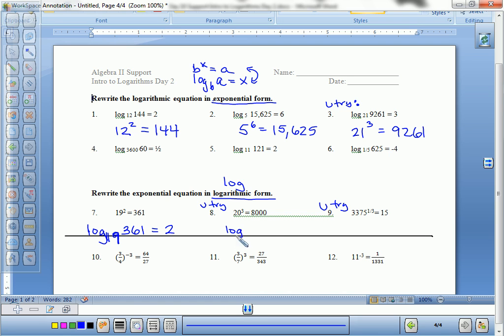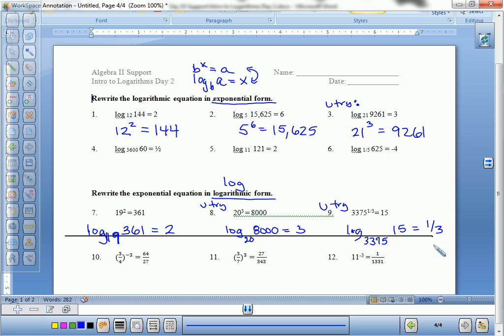All right, so this becomes log. My base is 20. My answer is 8,000, and my exponent is 3. Log. My base is 3,375. My answer is 15, and my exponent is 1/3.